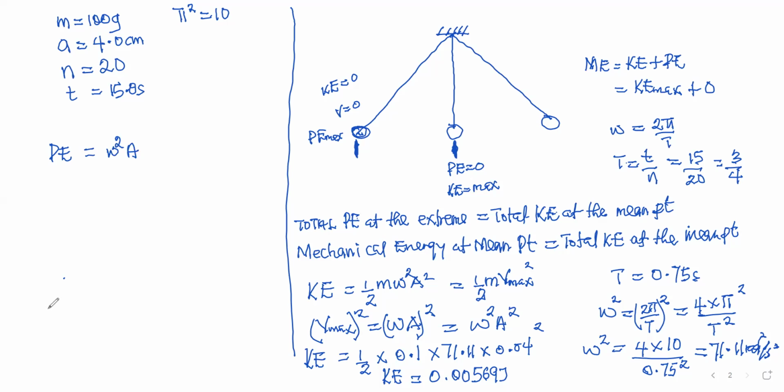Omega squared times the amplitude. So m omega squared y. Okay, but at the extreme, y is equal to A. So m, or I think there is half m omega squared times the square of the amplitude. There's an expression for the potential energy.